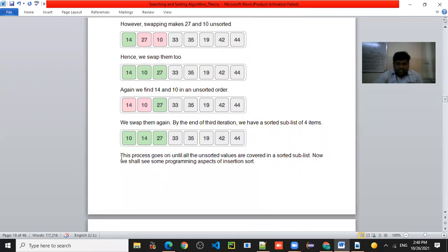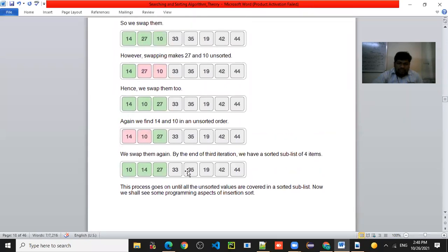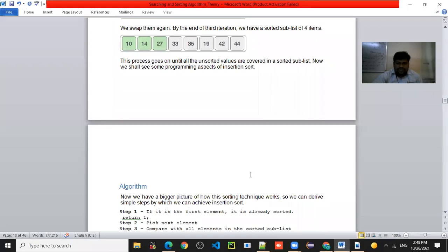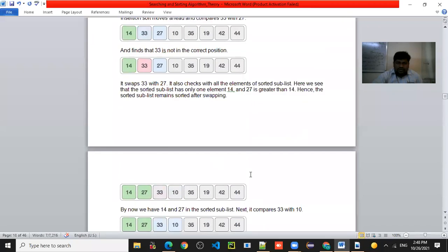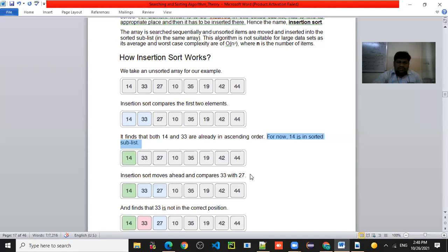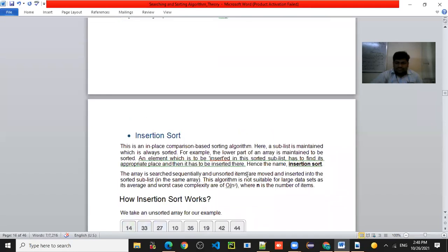Right. Now this process goes on until all the unsorted values are converted into the sorted sublist, right? So the same procedure we are continuing up to the last, right? Now all of you understood how the insertion sort is working? Yes, sir.